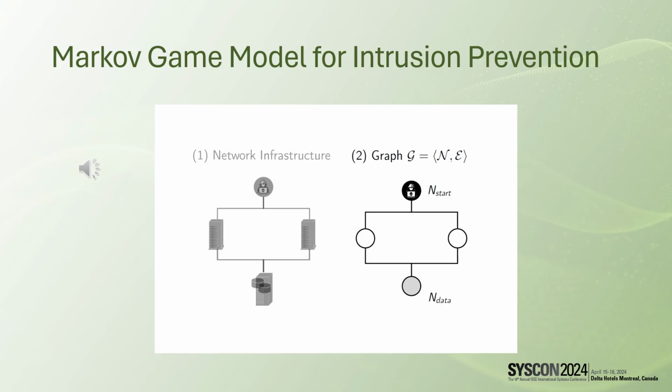For modeling intrusion pathways, the graph allows security analysts to visualize how an intruder might navigate through the network from the entry point, shown as the start, to the target, such as sensitive data, shown as the end data.